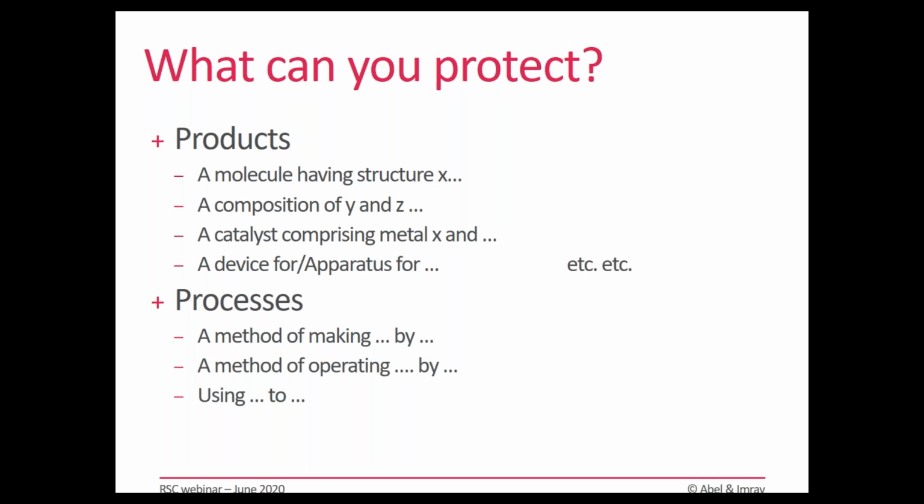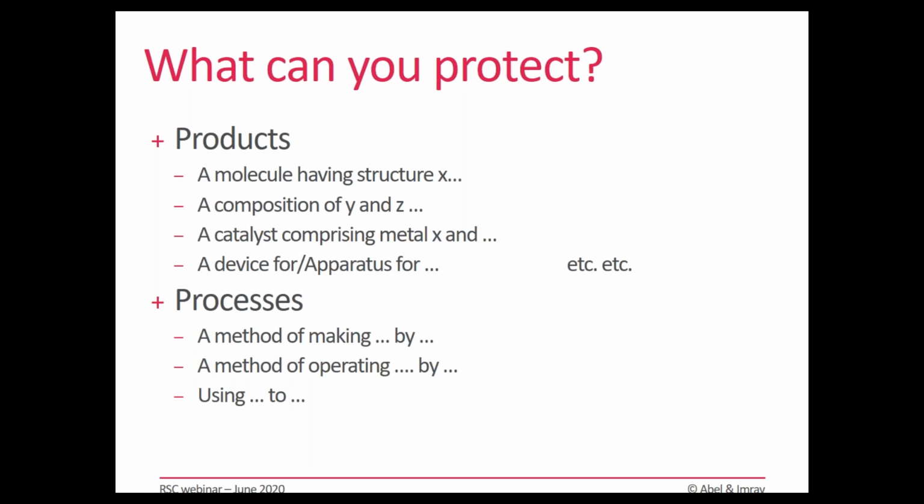So, what can you actually protect with a patent? Well, the things that you can claim as yours are products and processes. So products could be things like molecules having a certain structure, it could be compositions or catalysts, or perhaps devices or an apparatus.